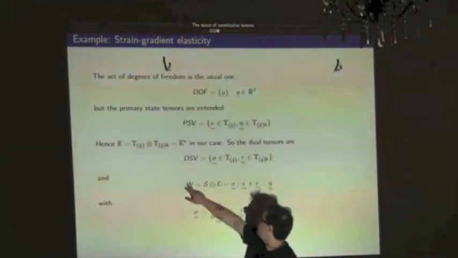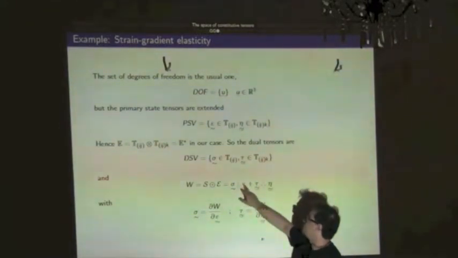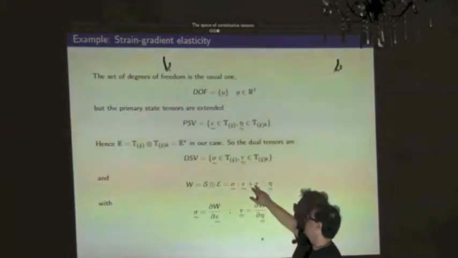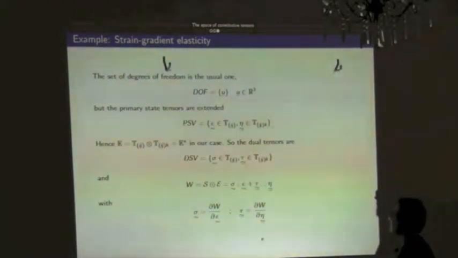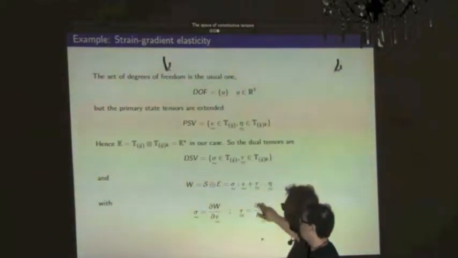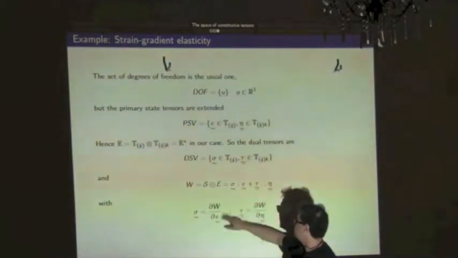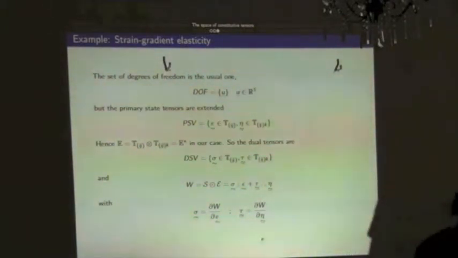So the energy of my system will be written as a scalar product between these two elements added to a scalar product between the extended elements. And taking the derivative of this energy with respect to my primary state variable gives me the Joule object.